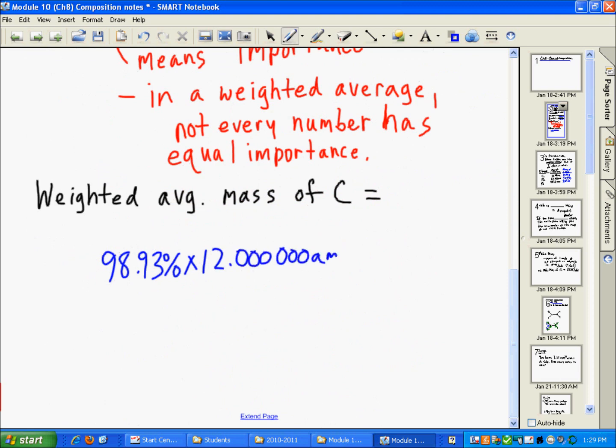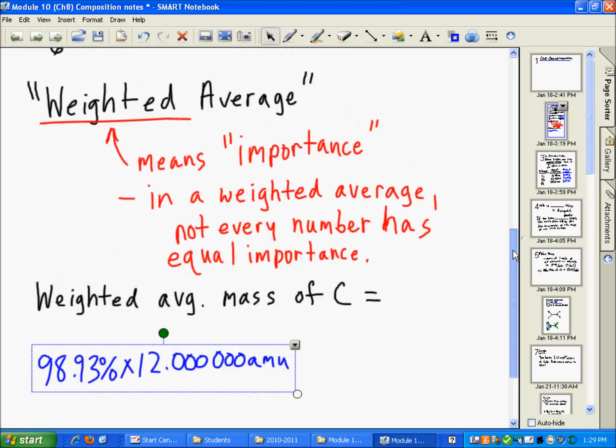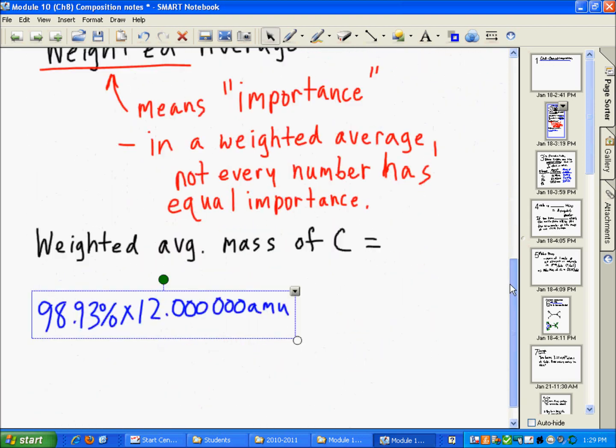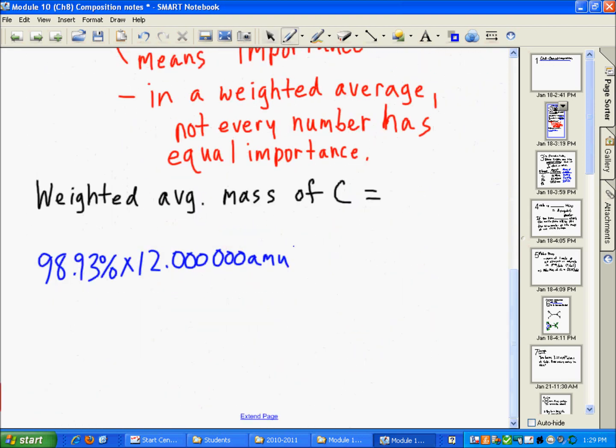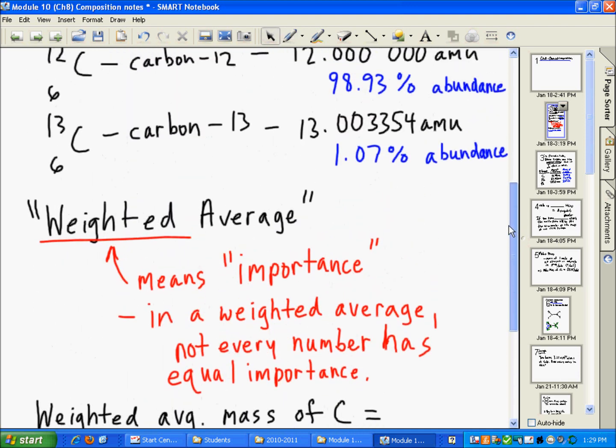And that isn't a coincidence that it's exactly 0. They've set the system of atomic masses up so that carbon is the standard and it weighs exactly 12. And then we add to that 1.07% times the atomic mass for carbon 13, which is 13.003354.